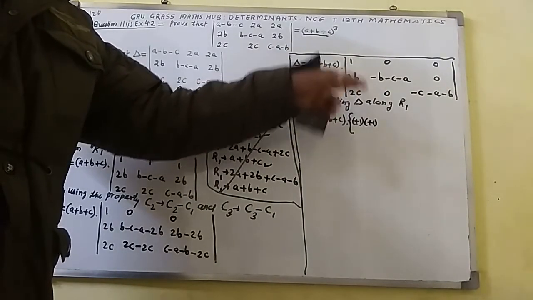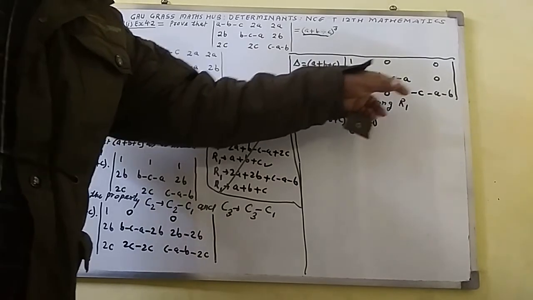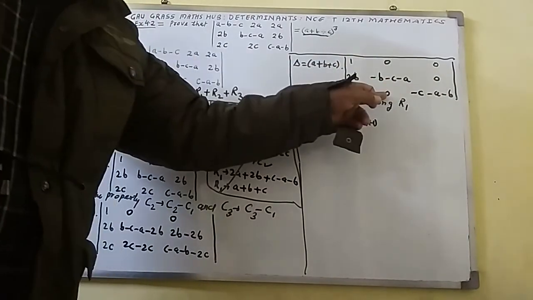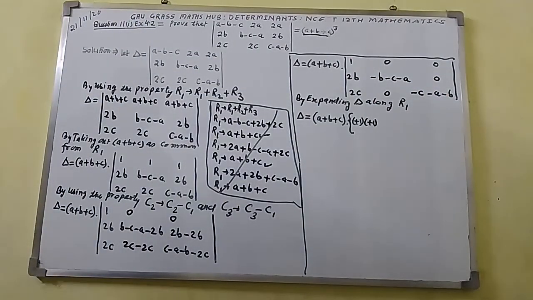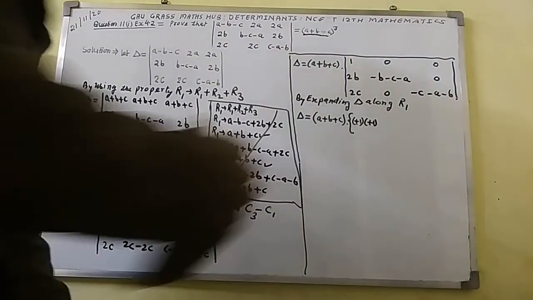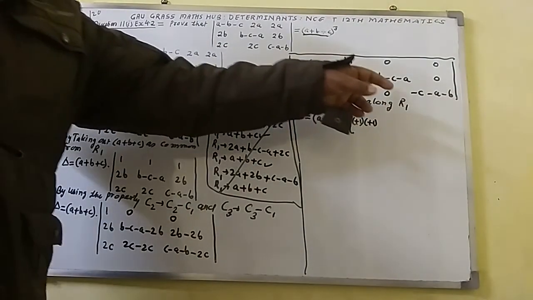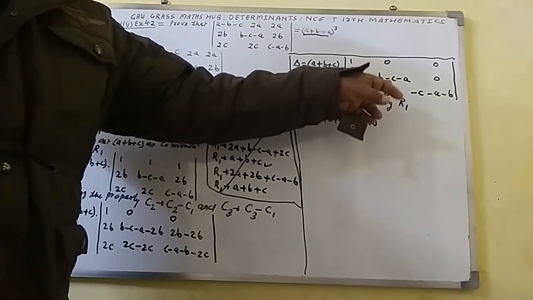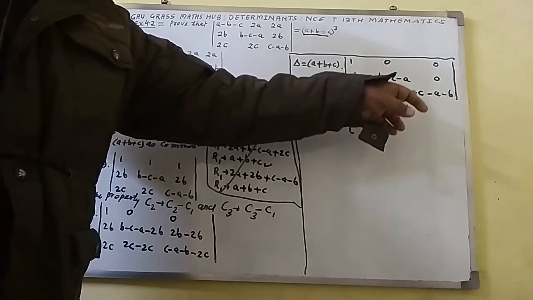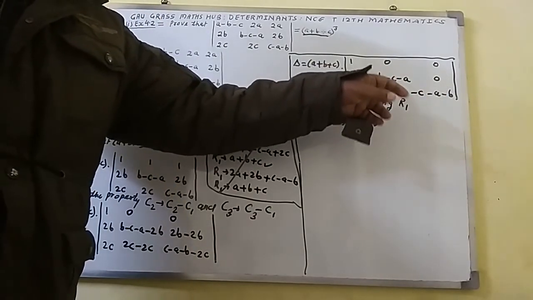The minor of plus 1 will be minus b, minus c minus a, 0, 0, minus c minus a minus b. Now what we'll do here? Here the elements of principal diagonal are minus b minus c minus a, minus c minus a minus b.